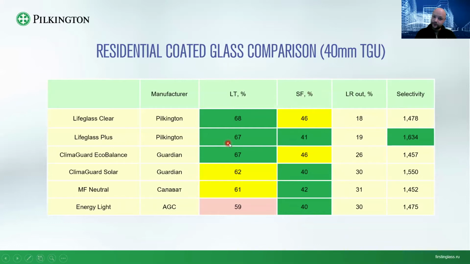The combination of high light transmission, low solar factor, and low reflectivity makes this IG unit almost ideal for residential applications. Here is an example, with numbers given for a triple IG unit, again in comparison to the competitors. This one you can remove, because it is available only on the Russian market. Sorry, I forgot to remove this from the presentation.